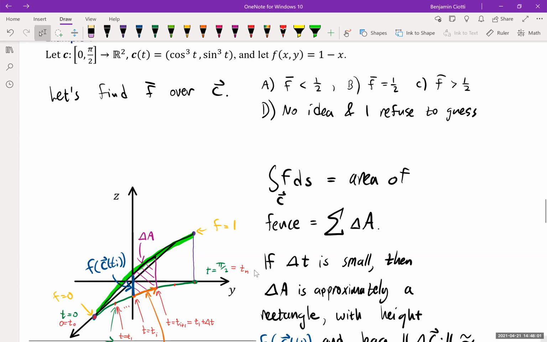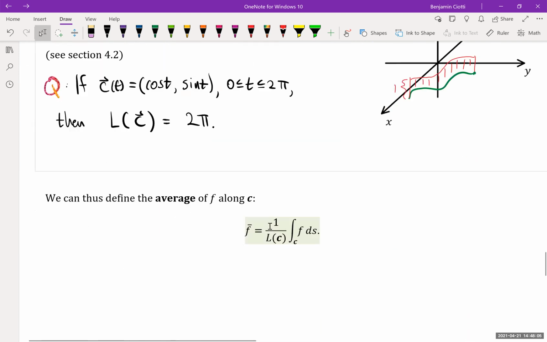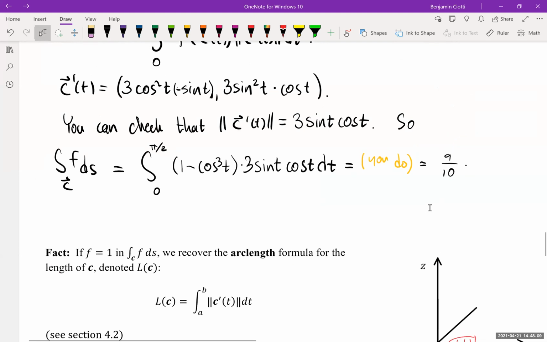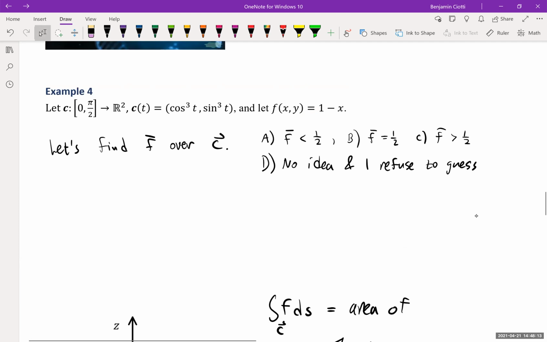Okay, so let's actually do it now. Here, I'll do it right here. So the length of the path C will be the integral from, let's see, it was 0 to pi over 2 of the speed.